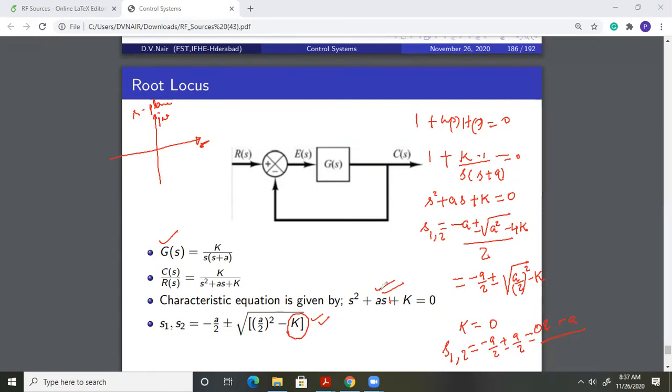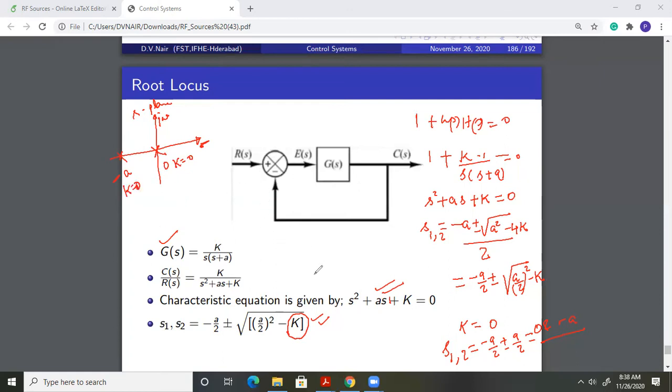So 0 and minus a become the two solutions for the characteristic equation. So I write down here one pole, the roots are nothing but poles. One pole is at 0, another pole is at minus a. And these are the values of the poles when k is equal to 0.